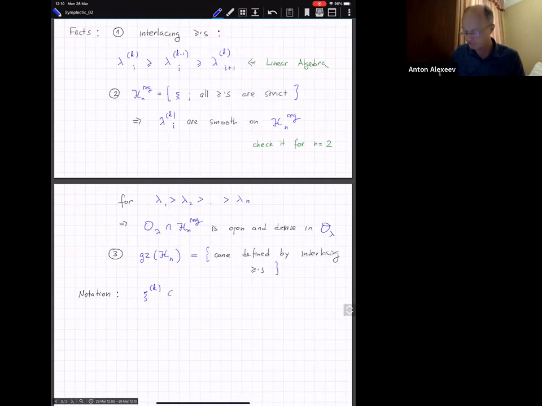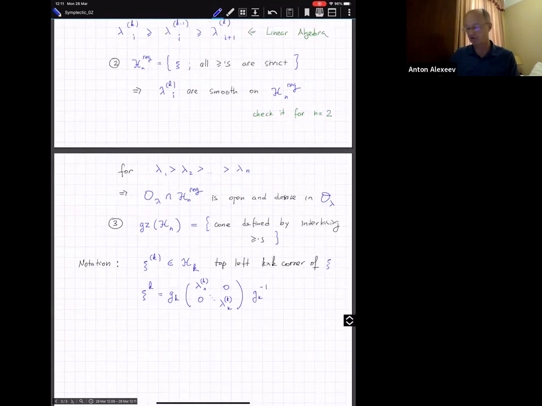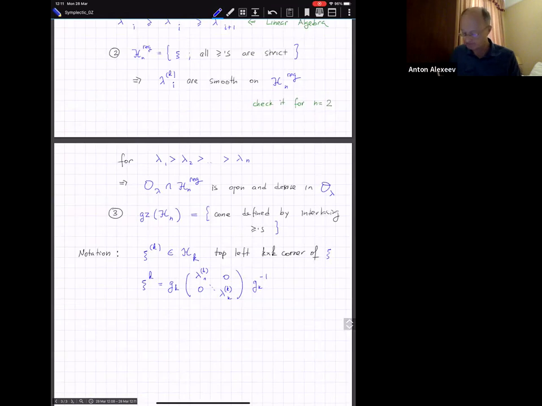These are elements in Hk, the top left k by k corner of xi, and xi k is diagonalized with eigenvalues lambda k by some unitary k by k matrices Gk.